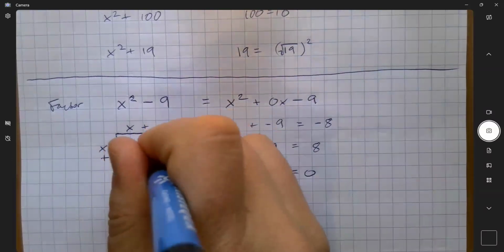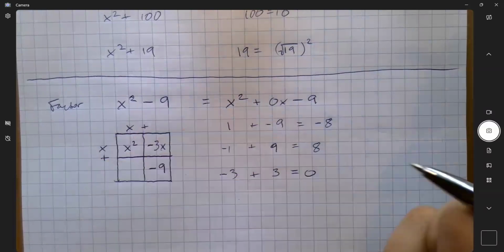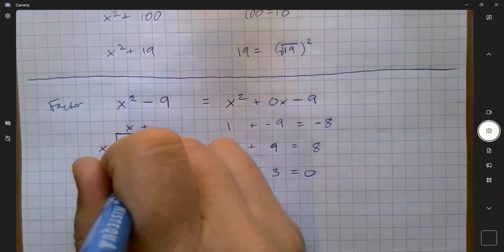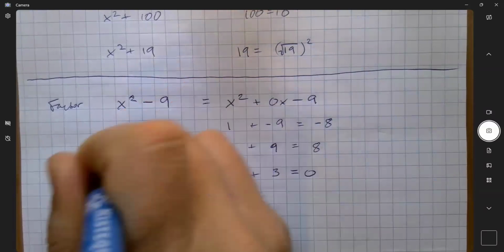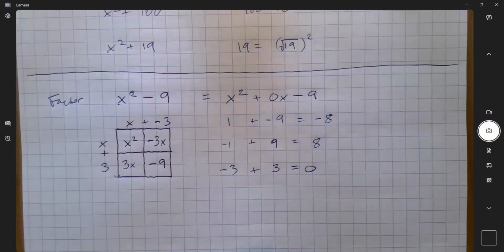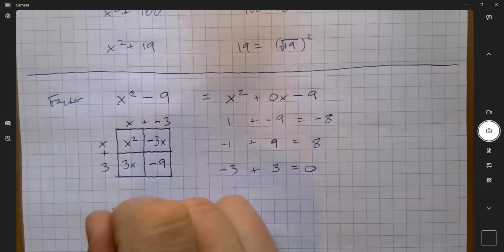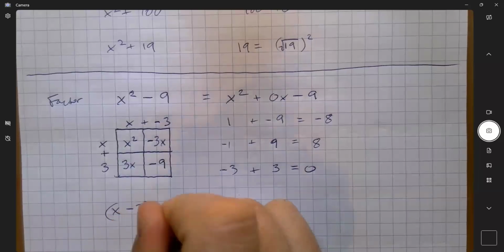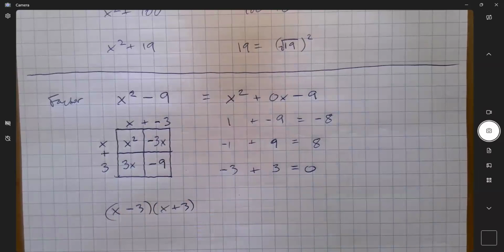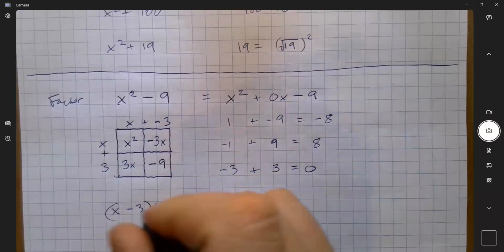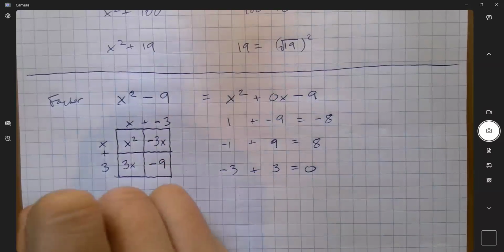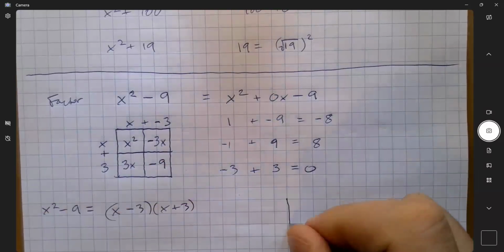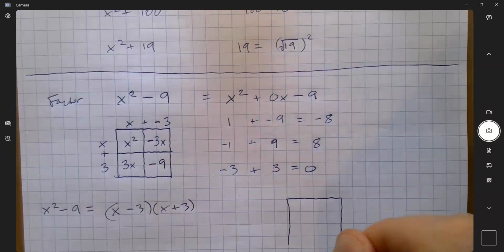Let's try it and see what happens. I'll put a negative 3x here and a positive 3x here, which means it's x plus negative 3 and x plus 3, which would factor to x minus 3 times x plus 3. This is the factored form of x squared minus 9. And let's just double check by doing our box method again, going forward.